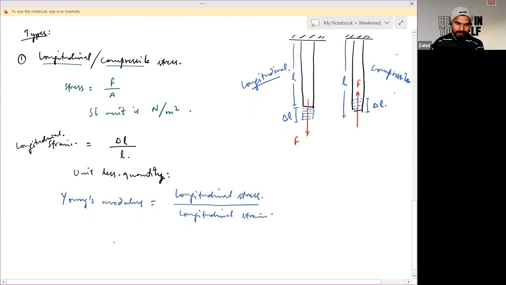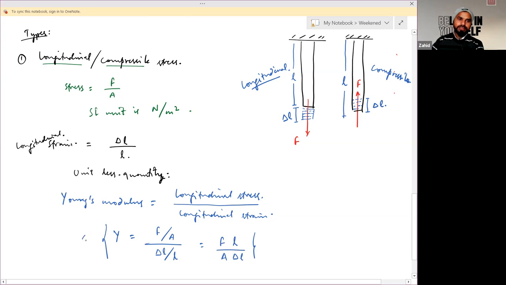In mathematical terms, Young's modulus Y equals longitudinal stress F divided by area A, over longitudinal strain delta L divided by L. So it will be F times L divided by A times delta L.